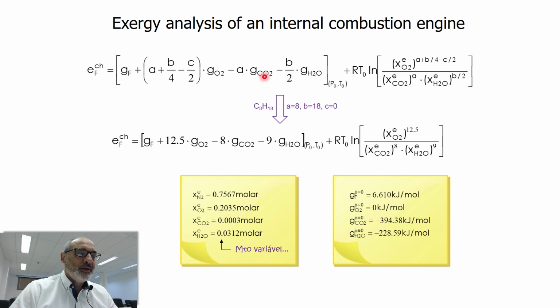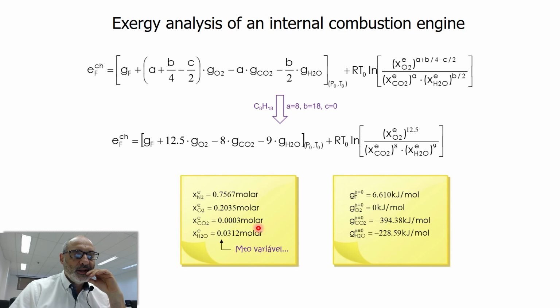We obtained this formula here for the chemical exergy of a generic fuel. For octane, small a is equal to 8, small b is equal to 18, and c is equal to 0.